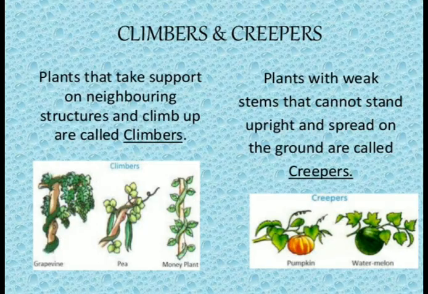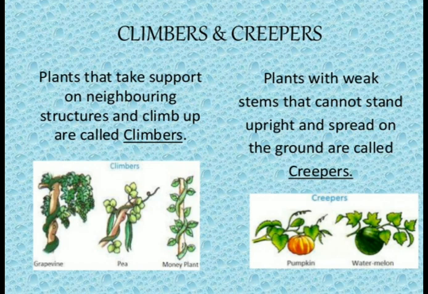Now the other aerial modifications are climbers, creepers, etc. These modifications actually occur in order to raise the plant to a level so that it can have access to sufficient sunlight. For example, plants that take support on neighboring structures and climb up are called climbers.